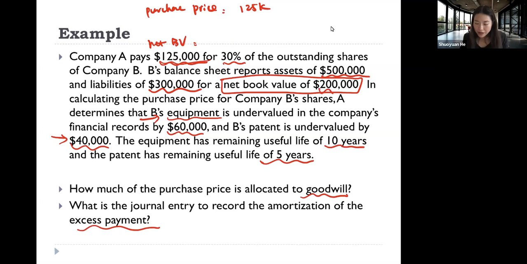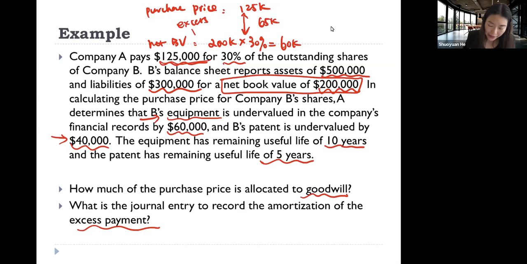The net book value of the firm is 200,000, and Company A acquired 30% of that. So the net book value of the equity stock Company A acquired is 60,000. And the difference between 125,000 and 60,000 is 65,000. This difference is the excess payment.